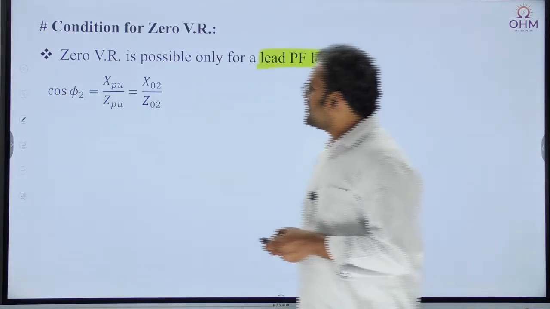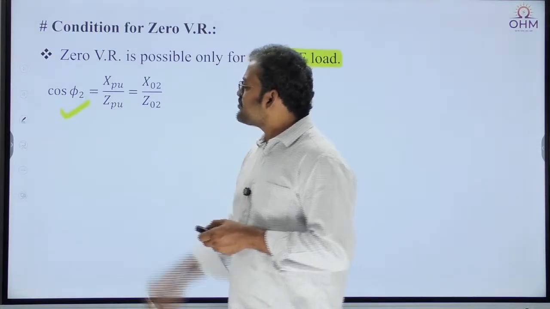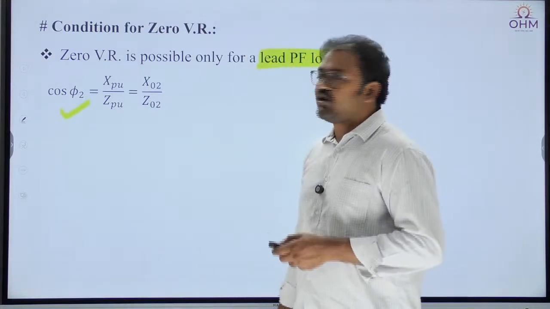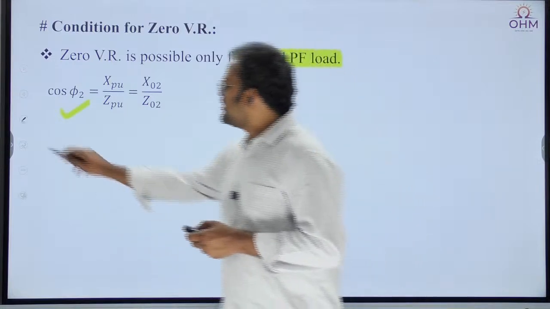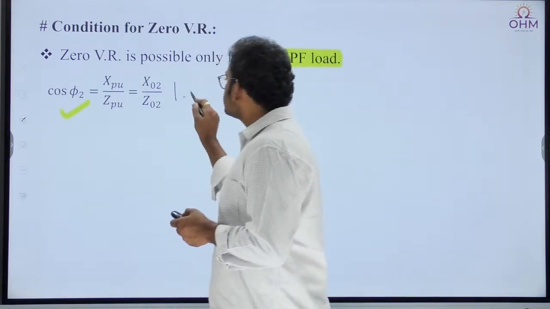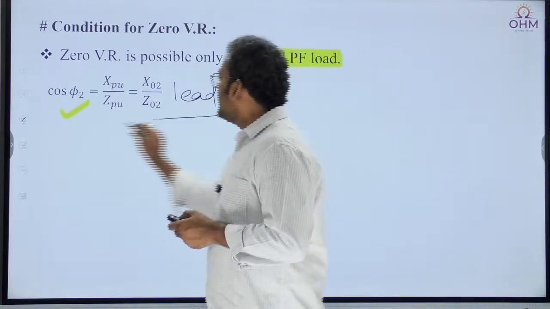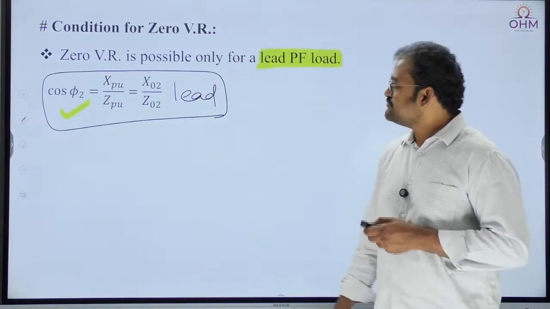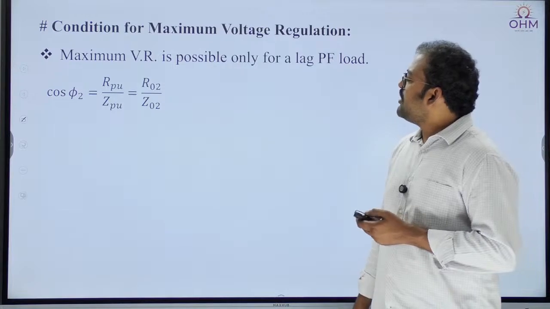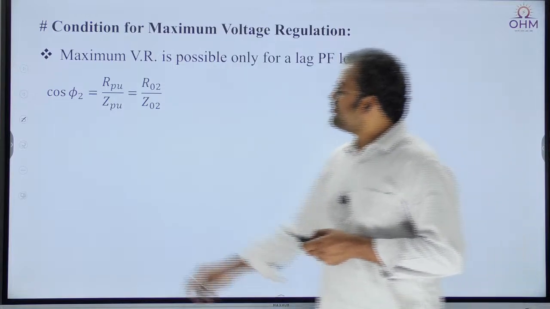And what is the formula? Zero voltage regulation is possible at a power factor cos phi 2 equal to X per unit by Z per unit. Most importantly, this is a leading power factor. At this leading power factor, voltage regulation will be zero. Similarly, what is the condition for maximum voltage regulation?